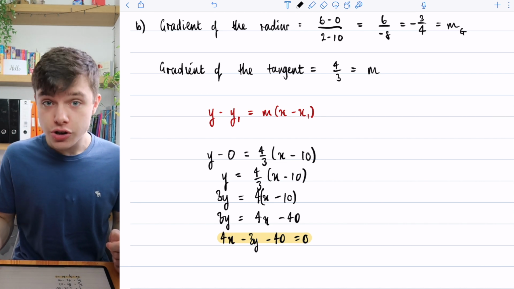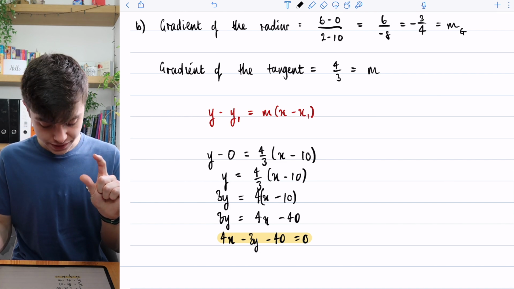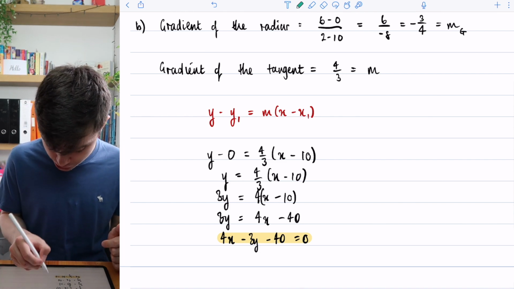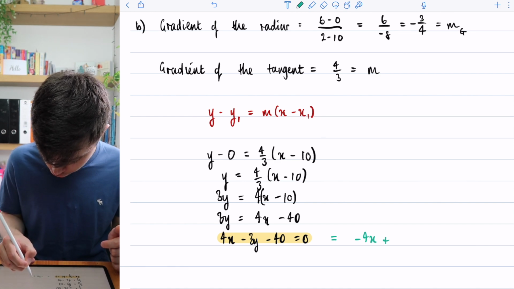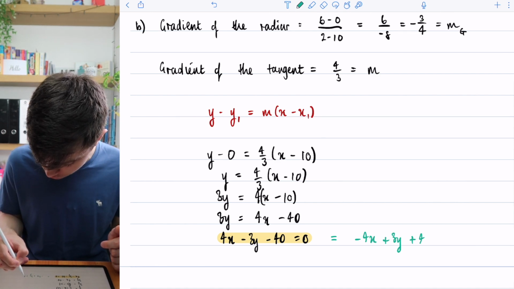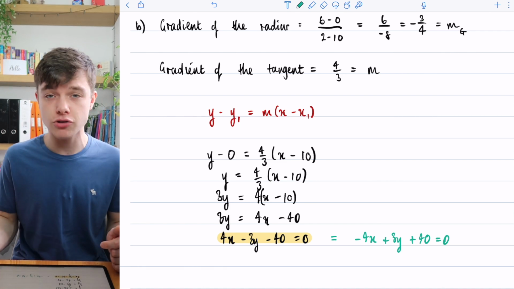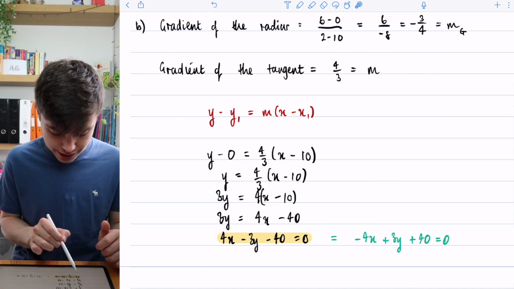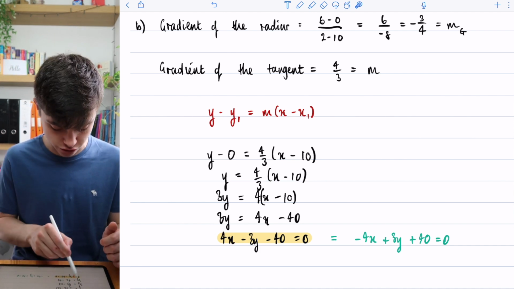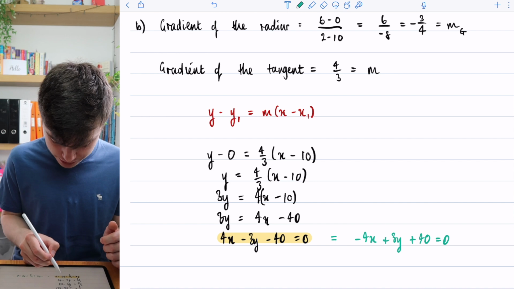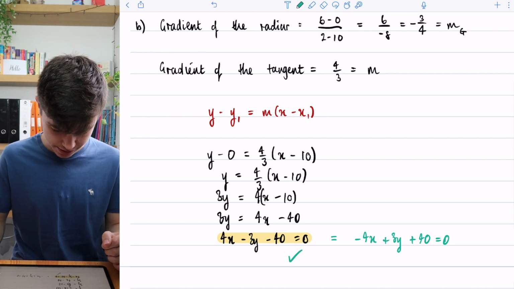Also, we could have had all the signs flipped, so that's equal to minus 4x plus 3y plus 40 is equal to 0. We can just multiply everything by minus 1 to get a positive term first, because it's always nice to have a positive term first. So I would say that's the better form of your answer.